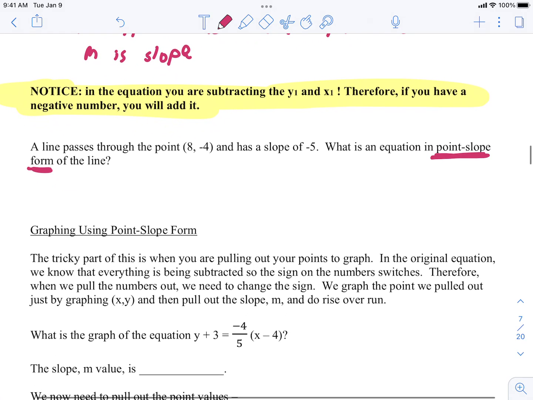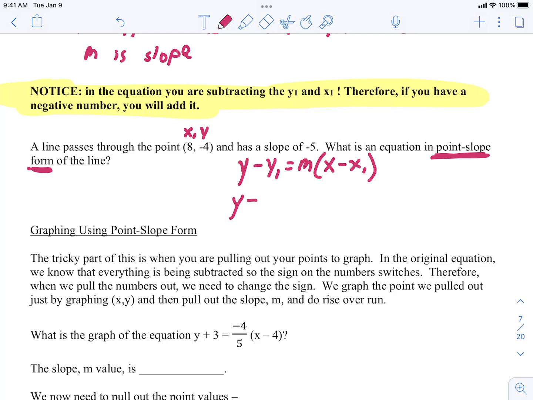So I know my point-slope formula. I'm going to rewrite it, and I'm going to plug in the information I have. So my regular y, I am just rewriting as regular y. My y1 in my ordered pair is negative 4. So I have y minus a negative 4.